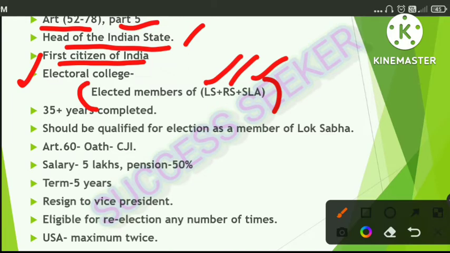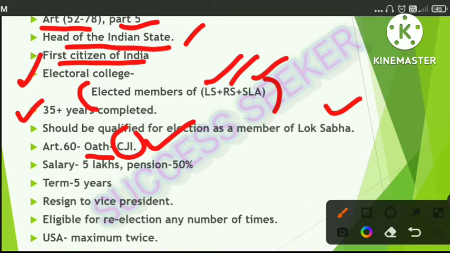One qualification is that he or she must be over 35 years of age and should be qualified for election as a member of Lok Sabha. And the oath is given by the Chief Justice of India and it is given in Article 60.